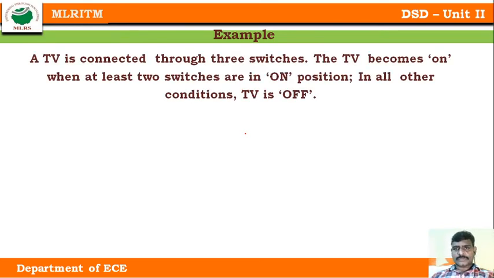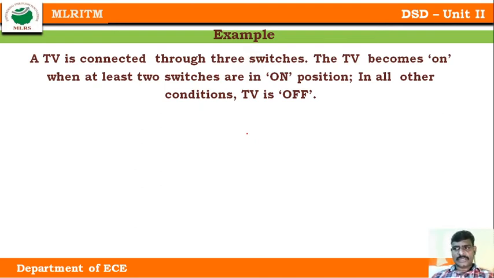Let's take one example to design a simple combinational circuit. Let's say my problem statement is like this: I have a TV connected through 3 switches. The TV becomes on when at least 2 switches are in the on position. In all other conditions, my TV should be off.